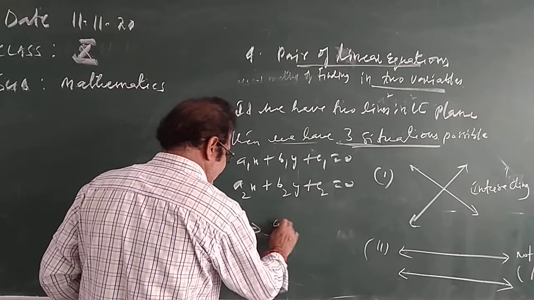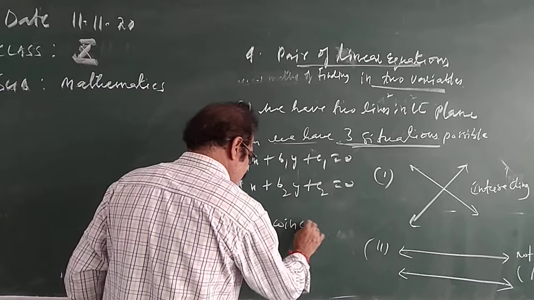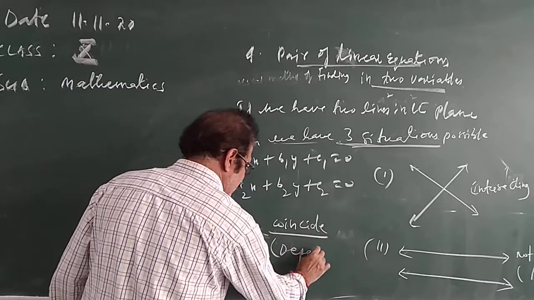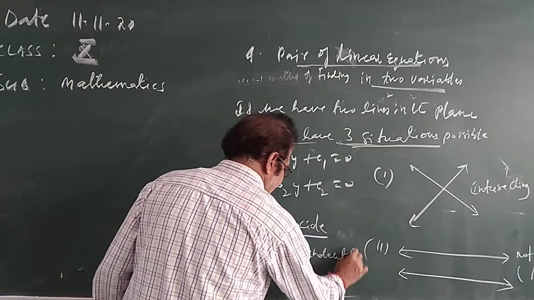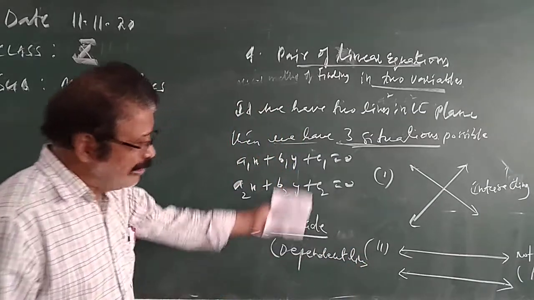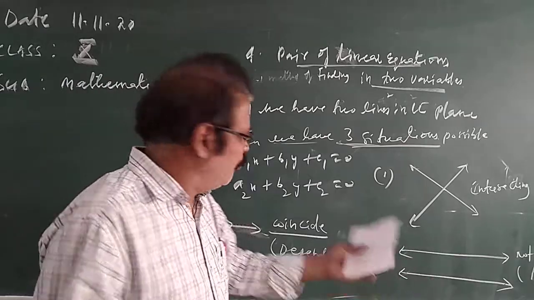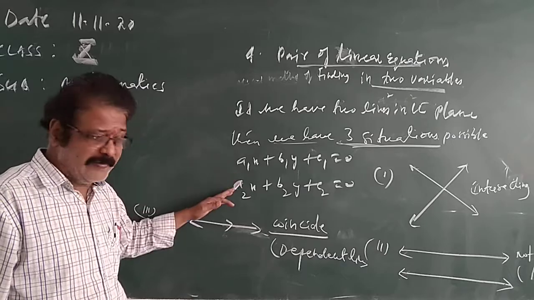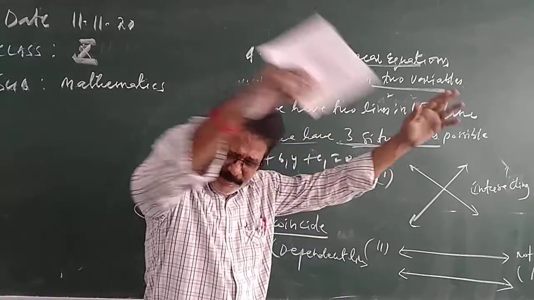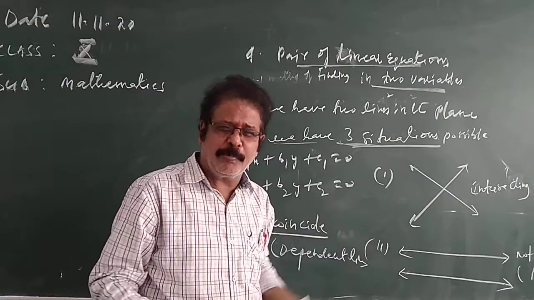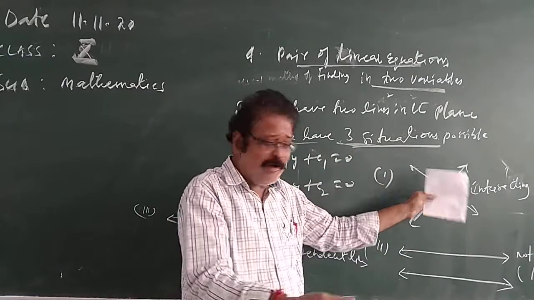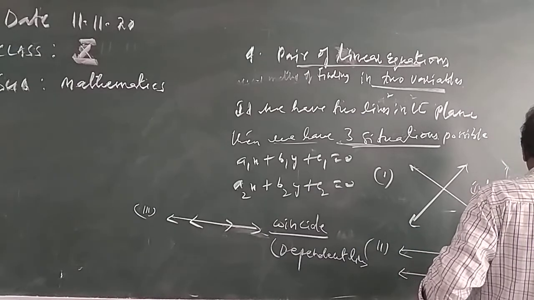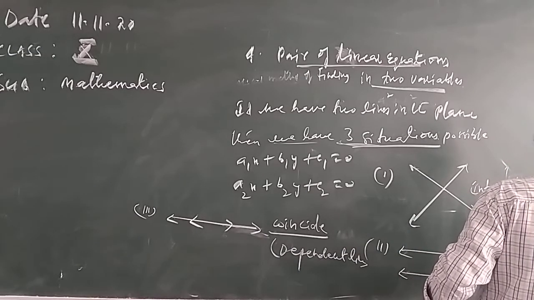The third is coincident, or another name is dependent lines. When you draw the graph of both the lines, the pair of linear equations, we come to know. When you draw it, it is visible. So if they intersect, you have a solution. Intersecting lines have a unique solution.